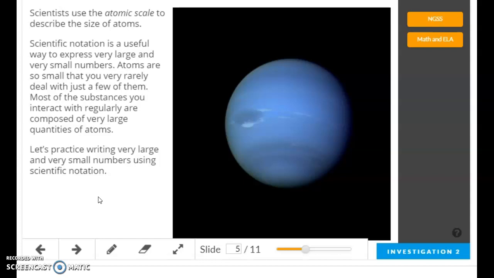Scientific notation is a useful way to express very large and very small numbers. Atoms are so small that you rarely deal with just a few of them. Most of the substances you interact with regularly are composed of very large quantities of atoms. So now we're going to practice writing very large and very small numbers using scientific notation.